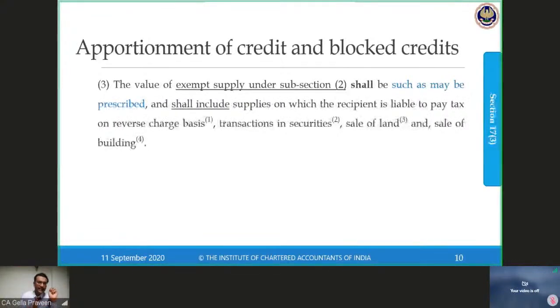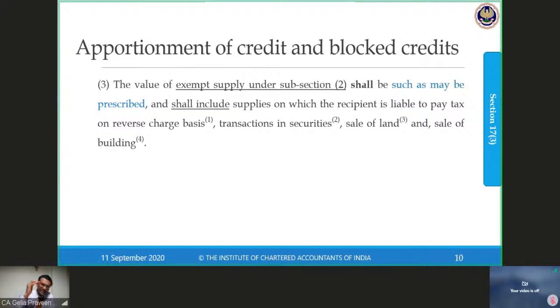And sale of building. Sale of building is actually covered under Schedule number 2. Friends, you have the Act with you. Go to Schedule number 2, entry number 5. Schedule number 2 deals with the classification of goods or services. In that schedule, entry number 5, clause number 2 deals with construction activity.